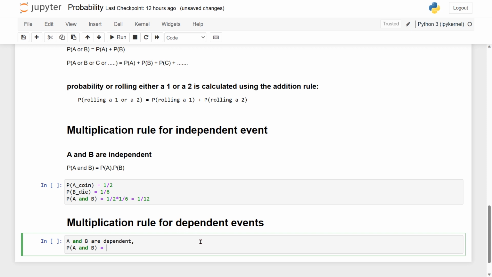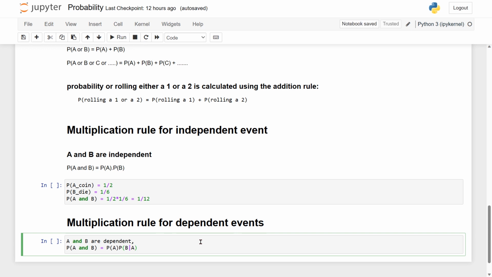If two events A and B are dependent, meaning that the occurrence of one affects the probability of the other occurring, then the probability of A and B is equal to the probability of A multiplied by the probability of B given that A has occurred.